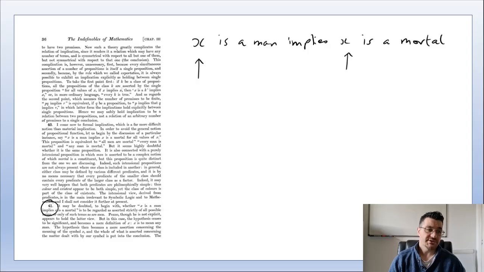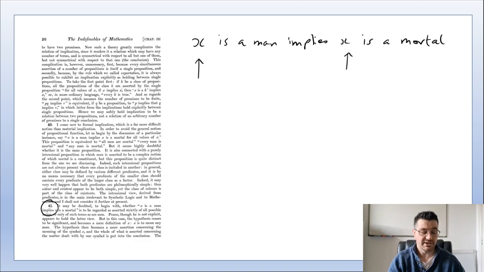So what he's going to be taking issue with here is effectively what Giuseppe Peano does, who places a restriction on the range of values of X. And in Russell's view, this has the effect of removing the formal implication, making "X is a man implies X is a mortal" something that is not really a formal implication.